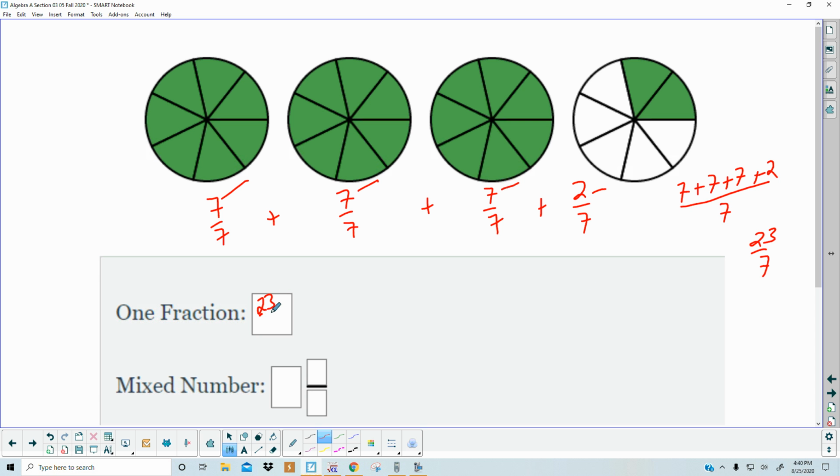And then you could break it down going from improper to mixed, just like we did in the previous assignments. Again, I'm not trying to rush, nor am I trying to confuse you by showing you two different ways. Sometimes people like to see it in more than one way. 7 goes into 23 3 times with 2 left over. 3 and 2 sevenths.